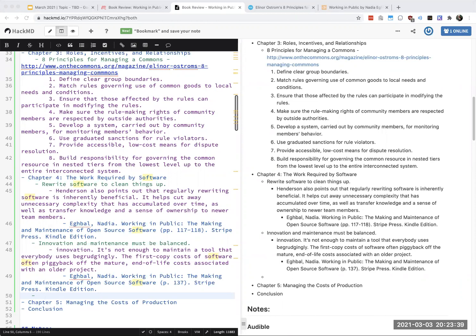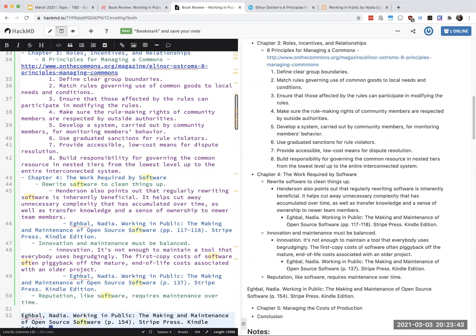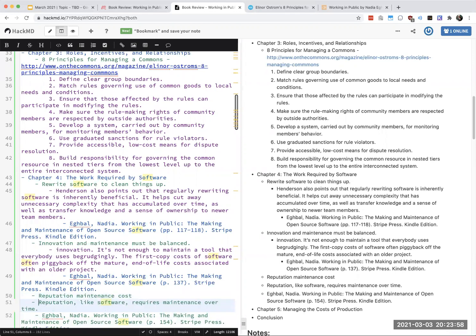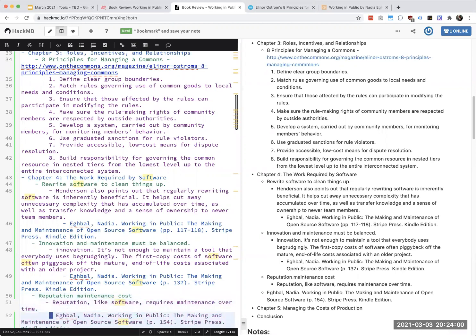And just a few notes. Just a second. So reputation has a cost. So this is about, the quote was, software maintenance over time has a cost, but I was just writing it to say, just thinking of reputation.